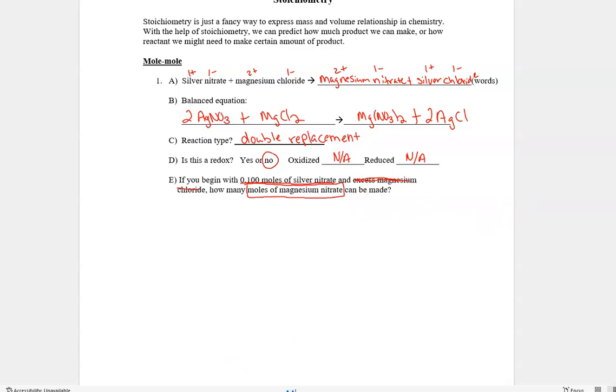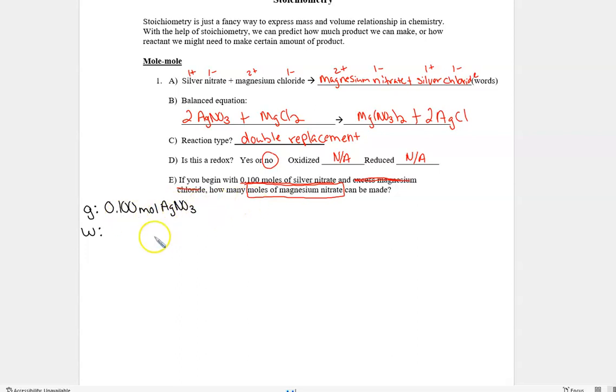So I'm going to come over here, and you don't have to do this, but it does help, especially with limiting reagents. I'm going to write what I call the given and then the wanted. This is going to help you identify what you should be starting with and where you should be ending. So what you're starting with is your number, the unit and the label, which is moles of AgNO3.